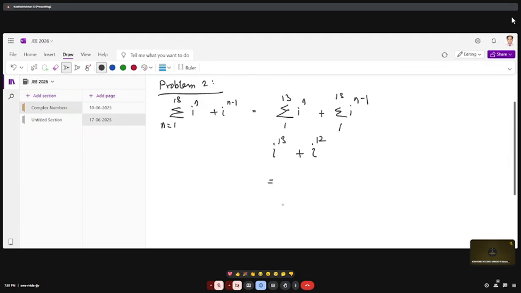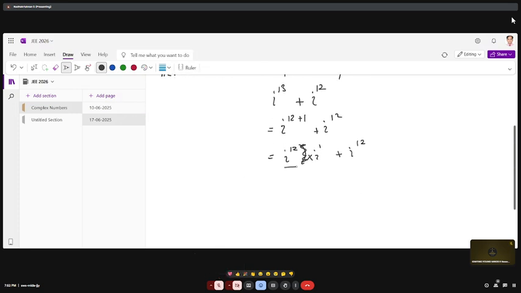If you factor out the multiples of 4, i^13 is i^(12+1), which is i^12 into i^1. And i^12, any multiple of 4 in the exponent, will be 1.